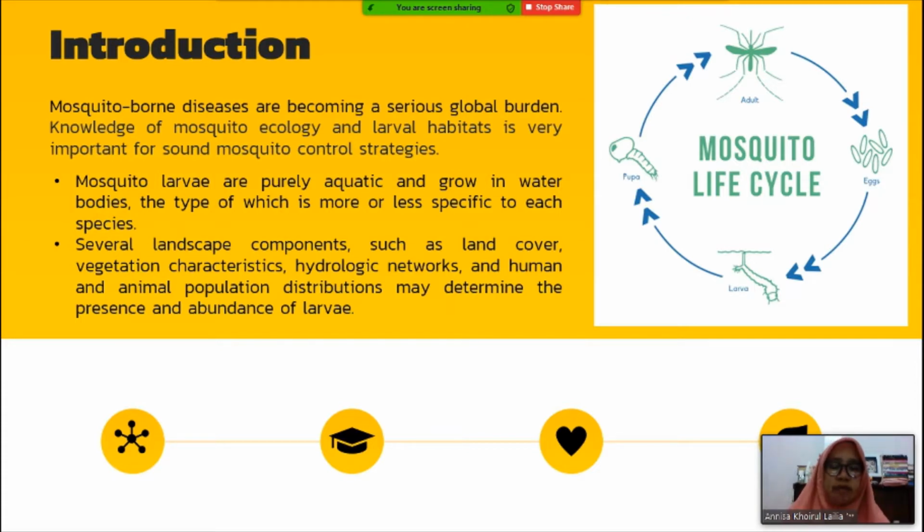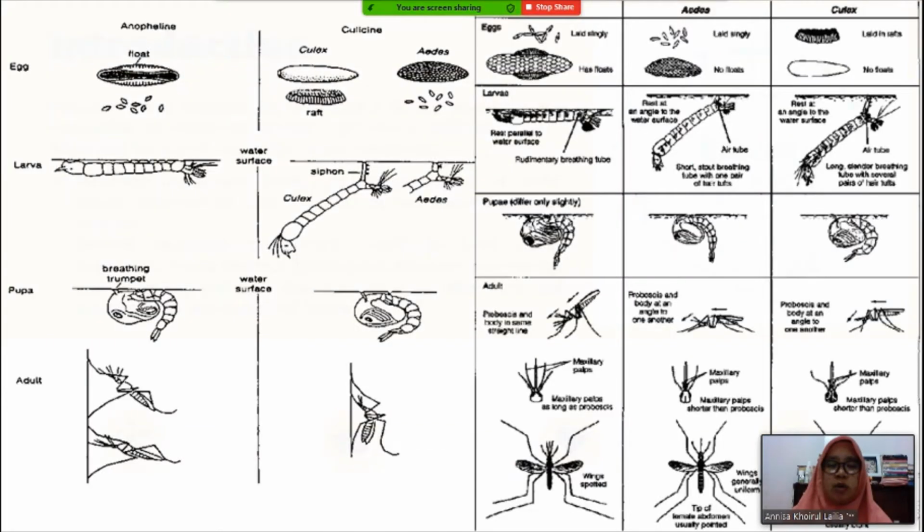of abundance of larvae. We can see in the pictures the mosquito life cycle that consists of 4 stages: eggs, larva, pupa, and adult mosquito. Because we will discuss more about the larval habitat, we will look at the difference between the anopheline and culicine larvae.